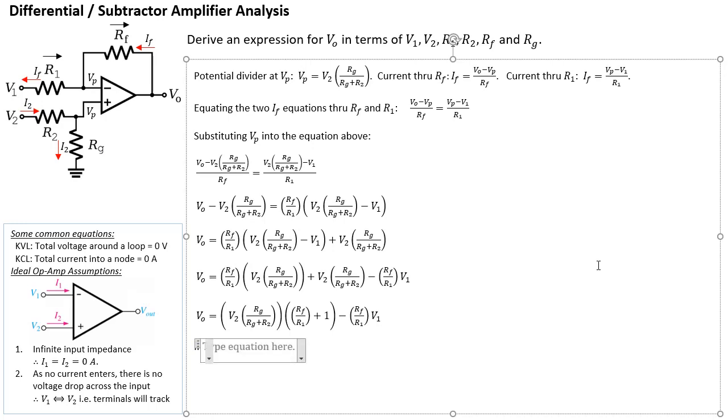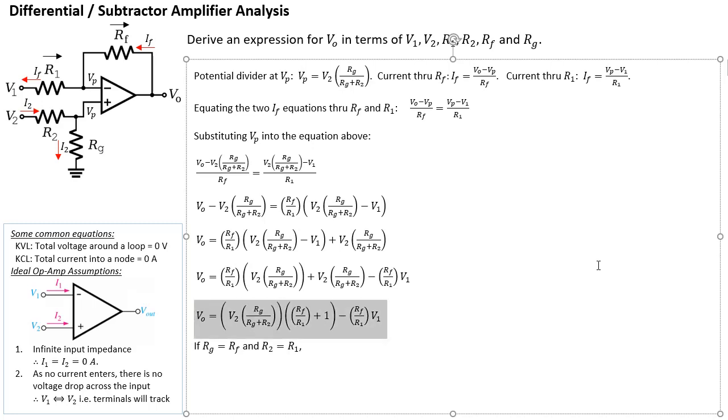So if RG is equal to RF and R2 is equal to R1, what will I get? Let me write that out in terms of what it would look like.